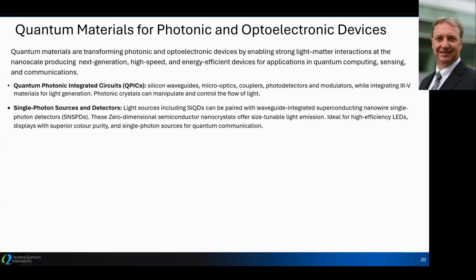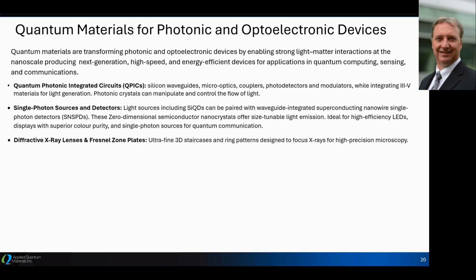We're selling materials for people that are using single photon sources and detectors to make superconducting nanowire single photon detectors. There's one company that we're selling materials to. These materials are also used for the purity of the quantum dots to get high efficiency OLEDs, displays, and color purity, all of these things that you sometimes watch on your TV.